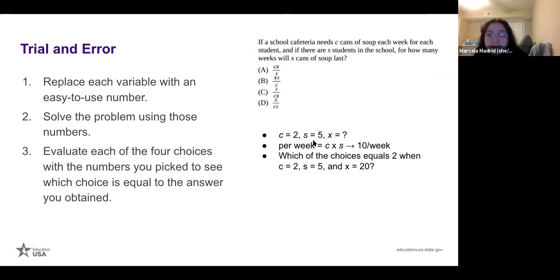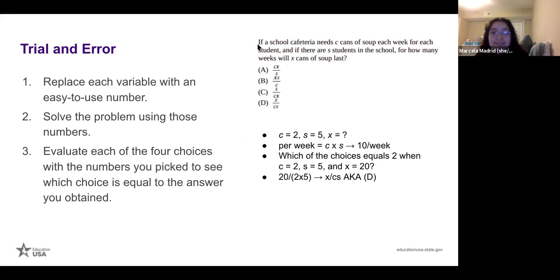So you plug that in and you would get this, which is 20 over 2 times 5, which then you go back and put in the letters instead of the numbers. So you would get X over C times S, which would be answer choice D.